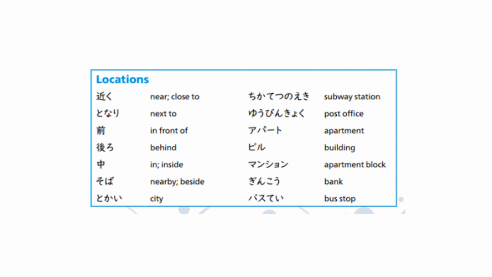Biru, which means building. Mansion, which means an apartment block. Ginko, which means bank. And basute, which means bus stop.